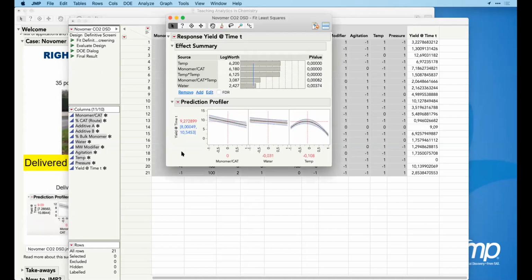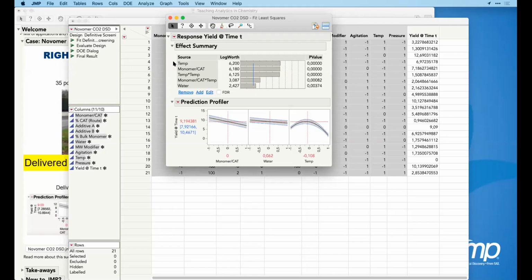So by looking at the final result, you see the relationships between yield and our top 3 factors. And we see that we have a linear relationship for water, for instance, and we see the curvature for temperature. So we have 3 factors in place. We have 5 different effects going on, 5 active effects for this process.